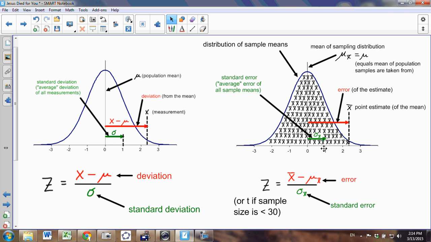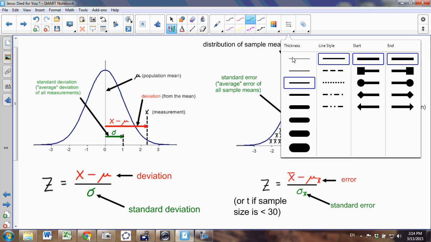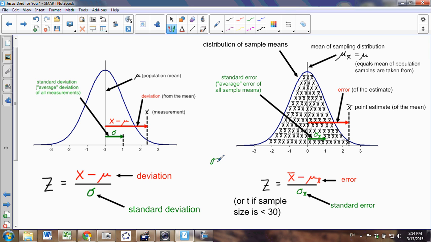And remember one key is remembering that the standard error of the sampling distribution is the standard deviation of the population the sample comes from divided by the square root of the sample size. So that's a quick summary, and seeing them together I think helps to see how connected they really are.